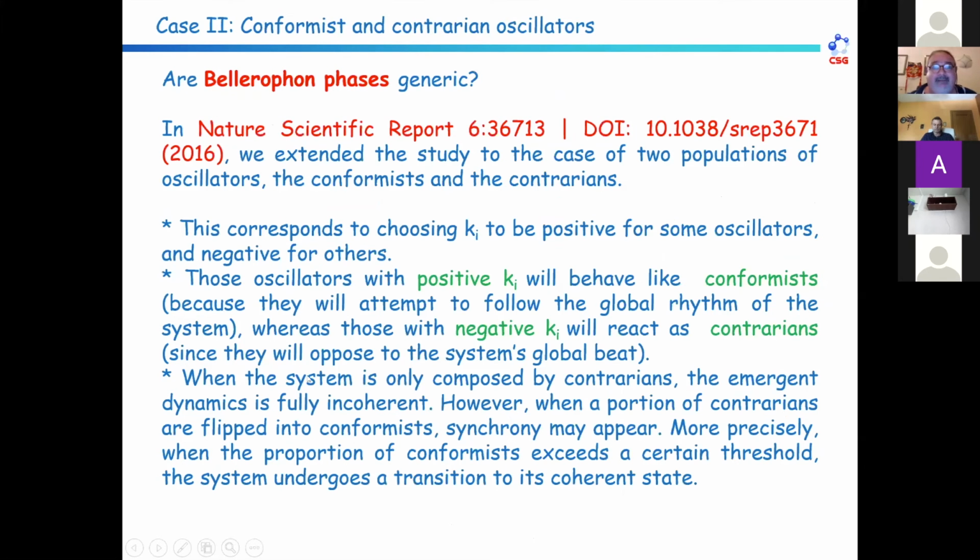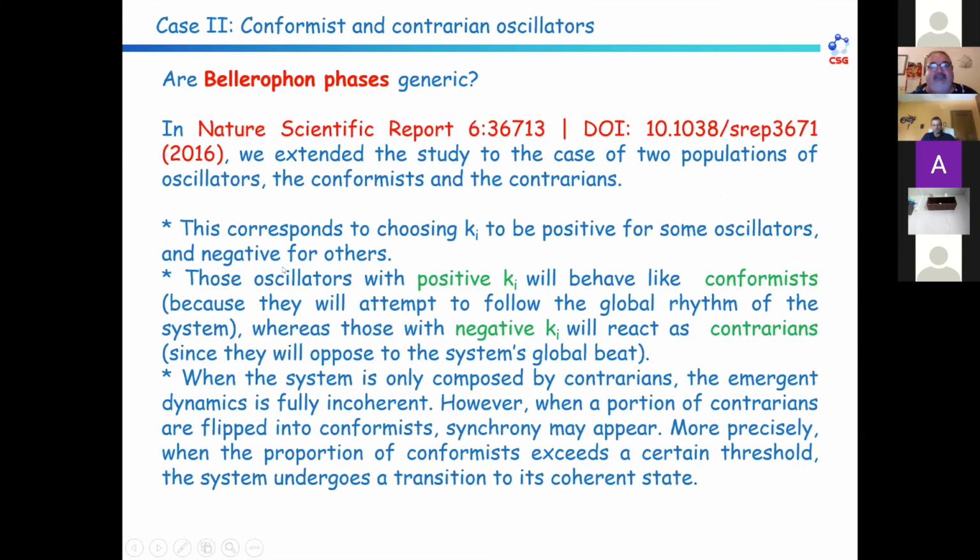For example, we can extend the validity and find the Bellerophon state in a case in which, instead of having this strange situation, you have 2 populations of oscillators. One population which is coupled positively with the mean field, which are called the conformists, and one population which is negatively coupled with the mean field, which are called the contrarians.